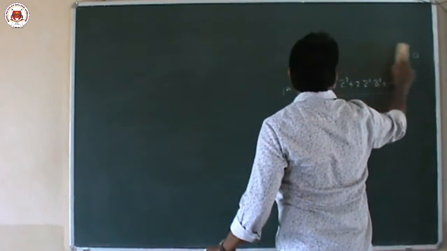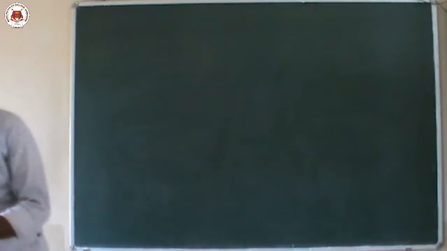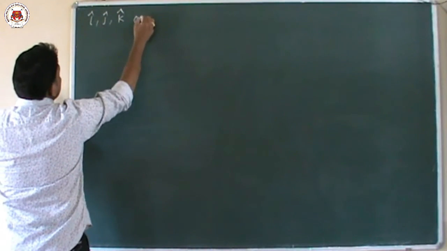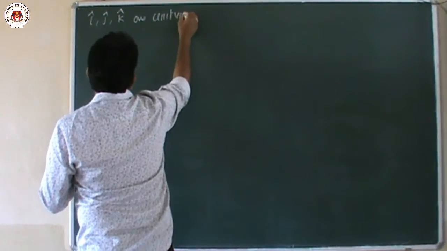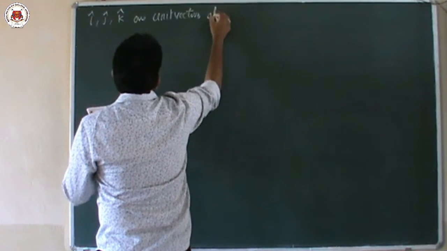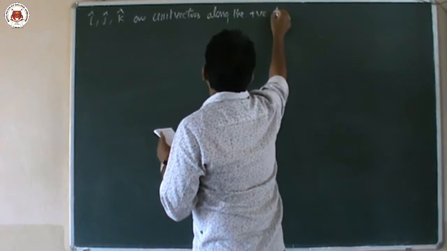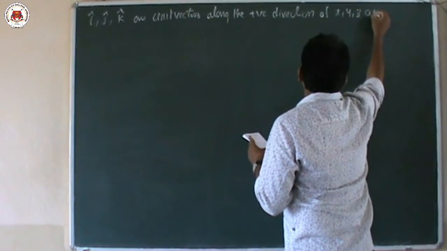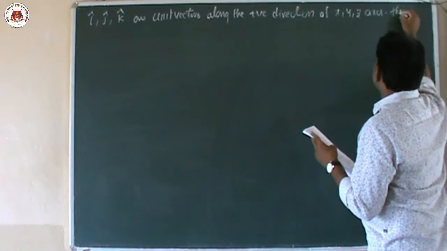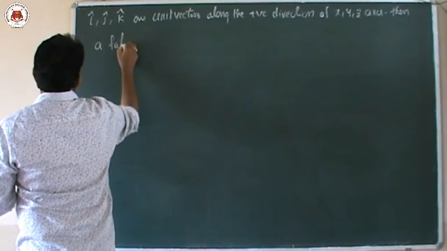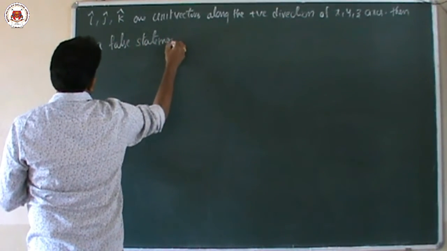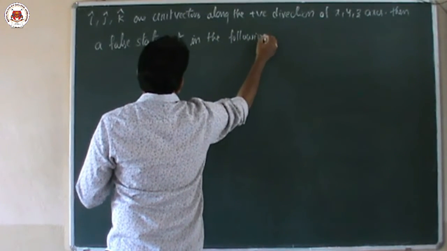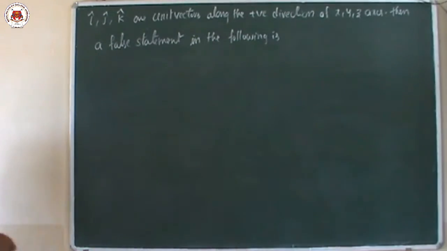The next question is: if i cap, j cap, k cap are unit vectors along the positive direction of x, y, z axis, then a false statement in the following is... This is the question.